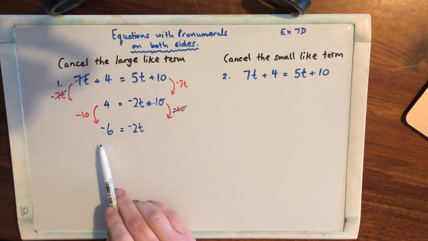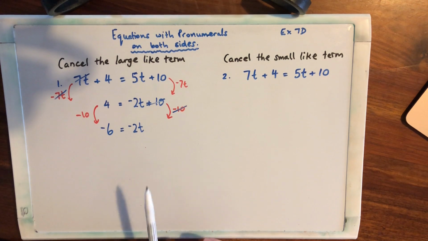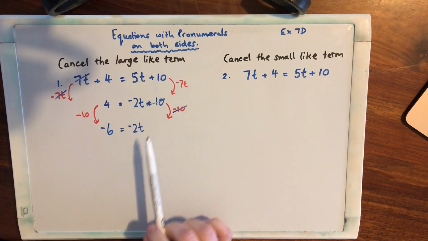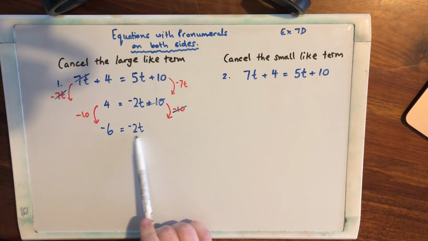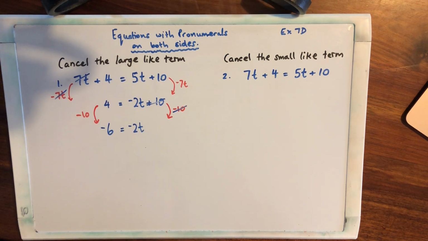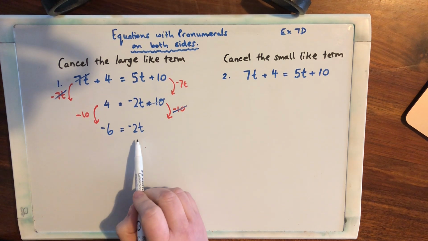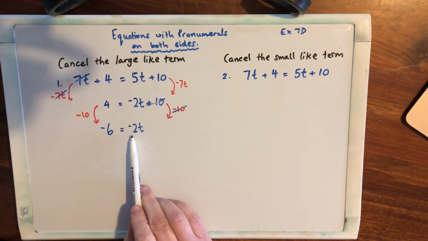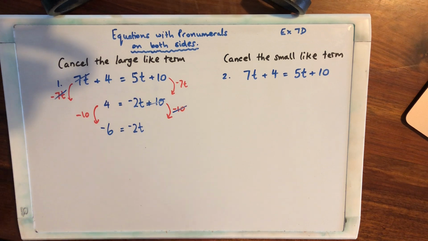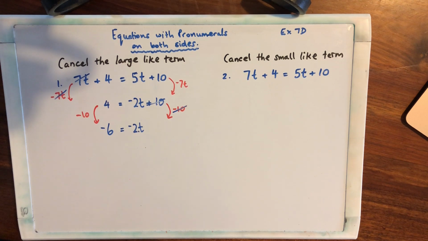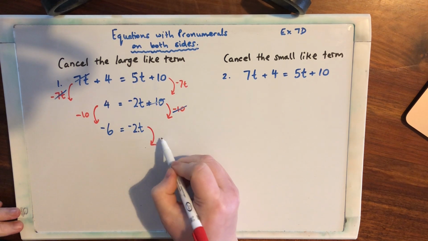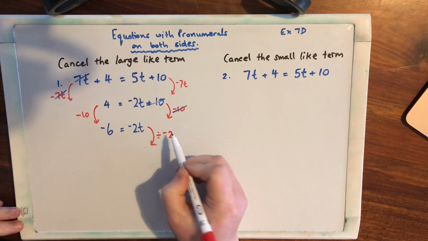Now, this is the problem that I believe people will struggle with when we cancel the large like term to begin with. We're left with negatives, and that's a little bit scary for some of you, but that's okay. Let's go through and work out the rest of this. We've got negative 2 times t. So what's the opposite of a multiplication? We know the opposite of a multiplication is a division. So I'm going to divide by negative 2.